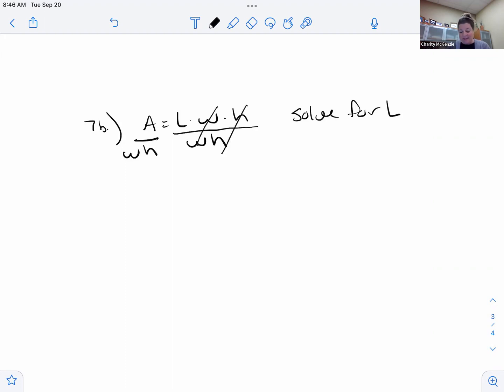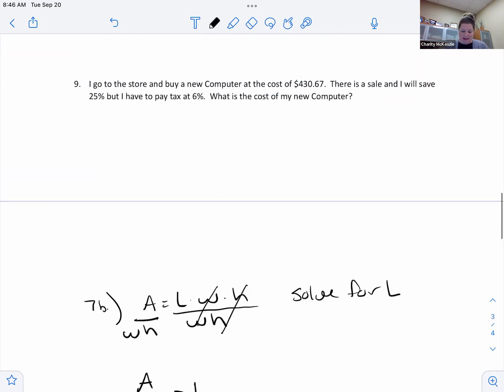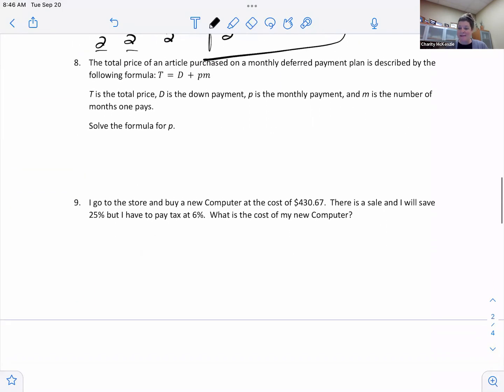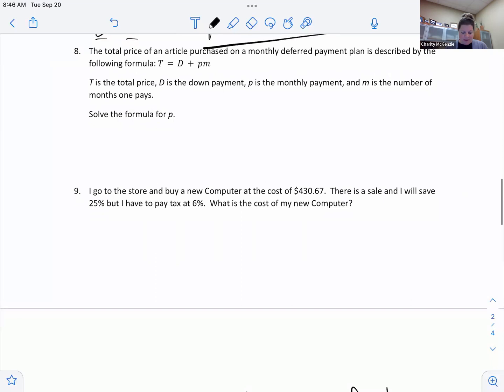Then these would cancel, and I have A divided by WH equals L. So you can divide by more than one thing at the same time. Okay, just bringing that up because I get that question a lot, and it's actually way easier than some of the other ones.